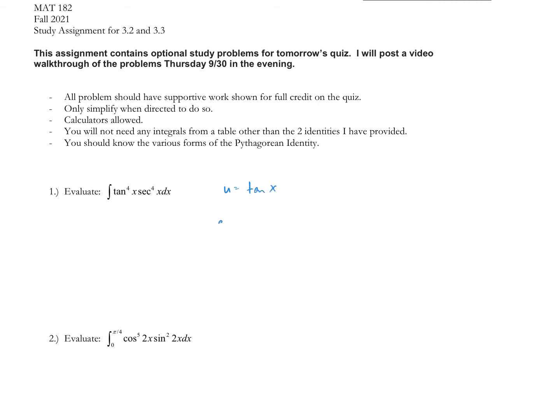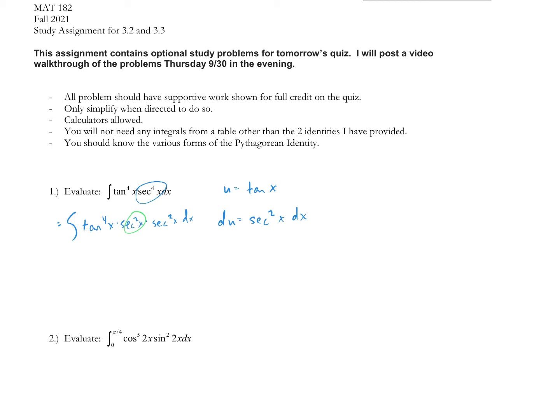tangent x, because then du is equal to secant squared x dx. So I'm going to break off a secant squared and save that for the du term. And the other two secants we're going to write in terms of tangent. After we break things apart, this is equal to the integral of tangent to the fourth x times secant squared x times secant squared x dx.